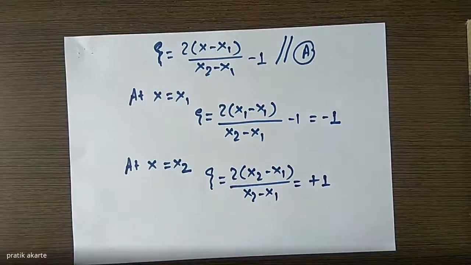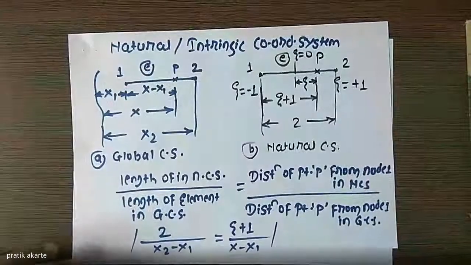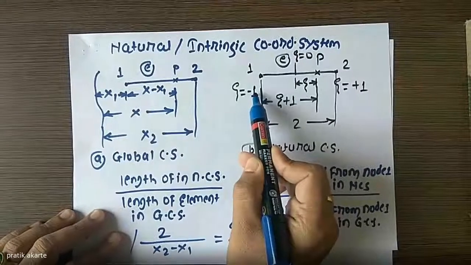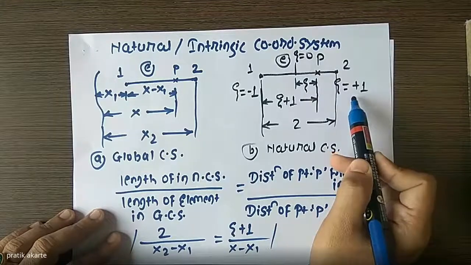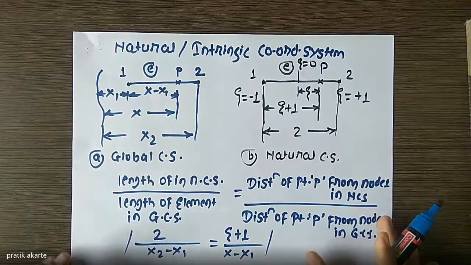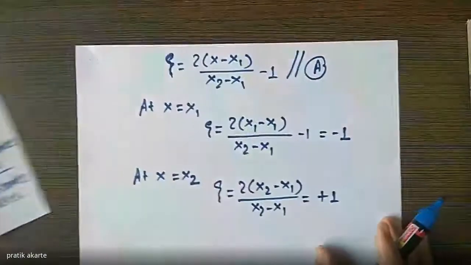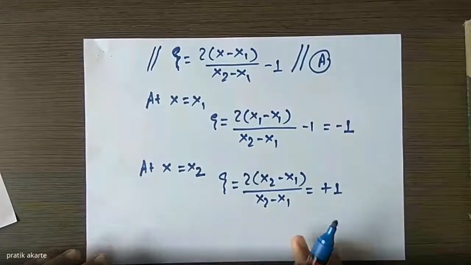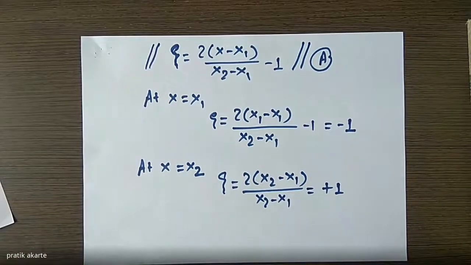So that gives validity or confirmation to this diagram. At x equal to x1, zeta is equal to minus 1. At x equal to x2, zeta is equal to plus 1. So that is the validity that we have got from this natural or intrinsic coordinate system. You must pay attention to this relationship which we have established between the global coordinate system and the intrinsic or natural coordinate system.